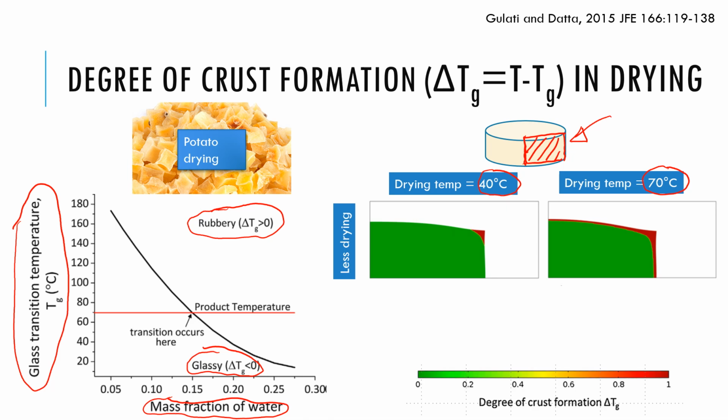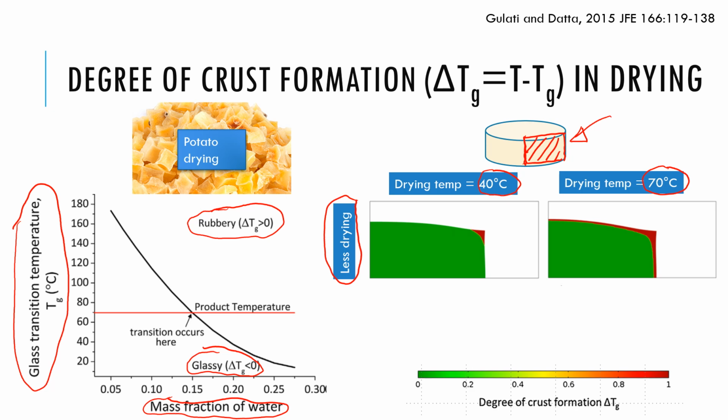The colors show the degree of this transition, the degree of crust formation. So a dark green color shows no transformation at all, so it is still rubbery and soft. What we see in this first set of curves is for early in the drying process, so it hasn't dried as much.